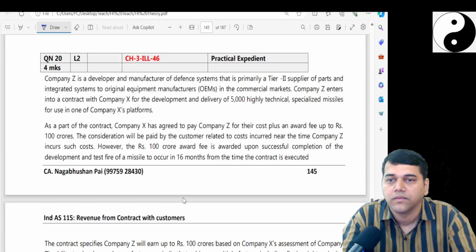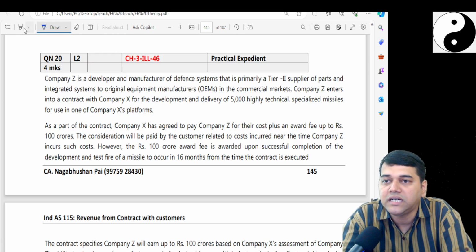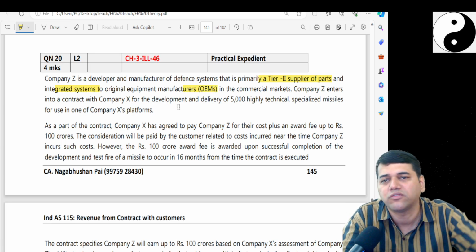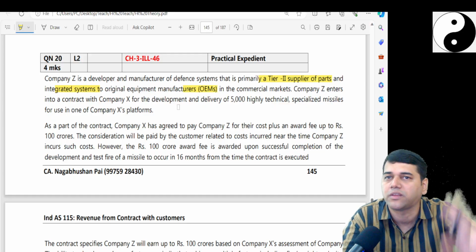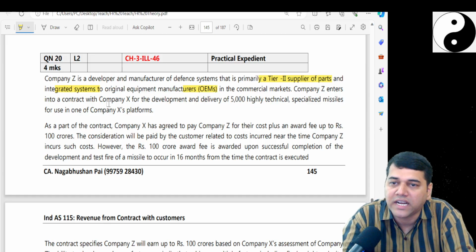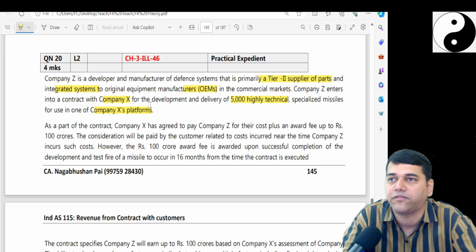Company Z, a developer and manufacturer of defense systems, is primarily a tier 2 supplier of parts and integrated systems to original equipment manufacturers. Some story. There is one supplier of defense systems supplying to an OEM. Company Z enters into a contract with company X for development and delivery of highly specialized missiles to be used in the X platform.